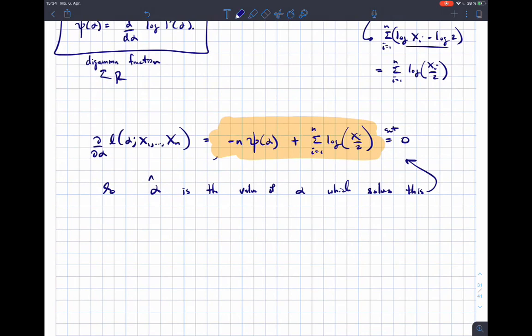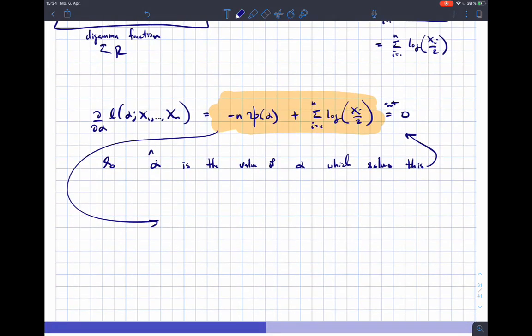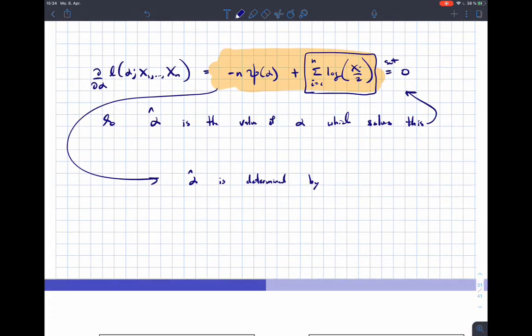But what I want us to note about this is that alpha hat is determined by whatever value this thing takes. It is determined by sum log xi over 2. And this quantity is a function of a sufficient statistic.